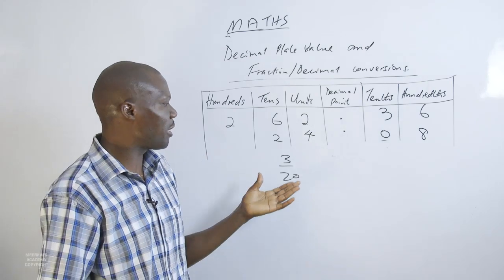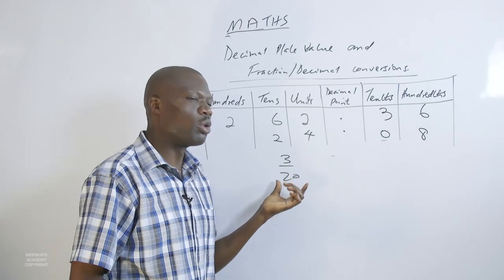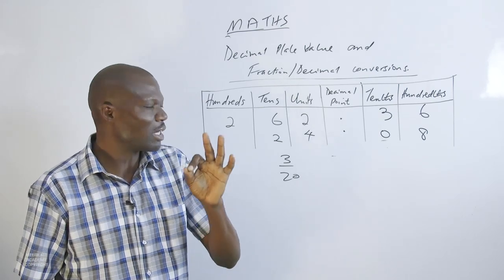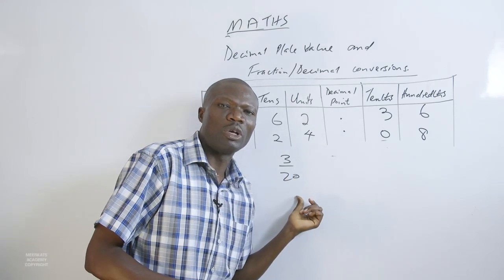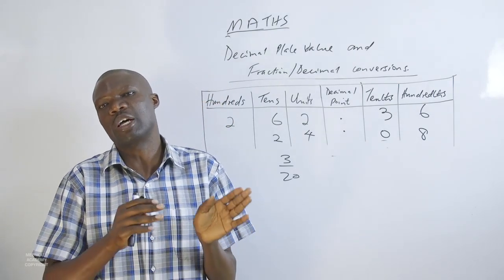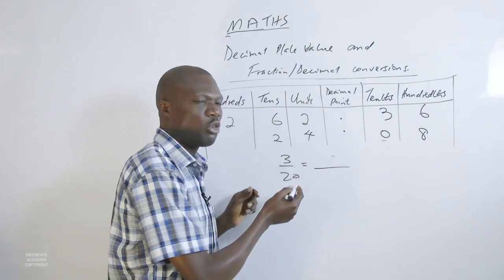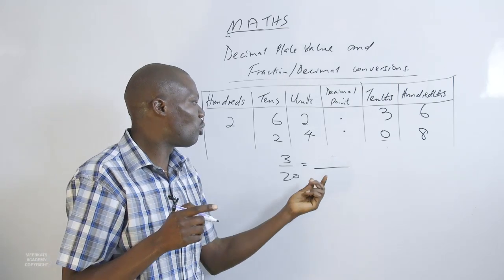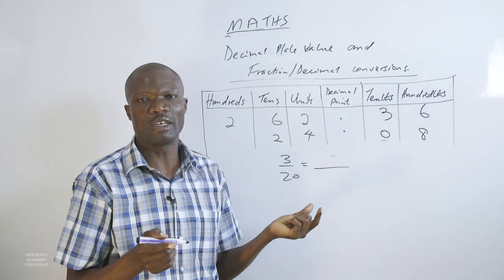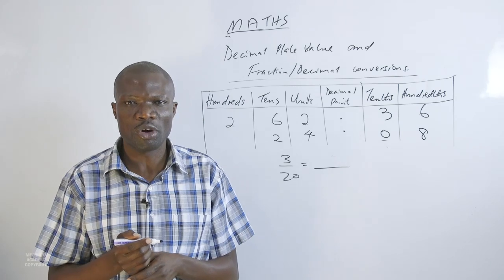So it is very important that for us to convert fractions which don't have their denominators as a power of 10, we must first make sure that we have the denominator written as a power of 10 or as a multiple of 10. And what will happen is that we look for an equivalent fraction with a denominator which is a multiple of the earlier denominator and a power of 10, and then we go ahead and solve.